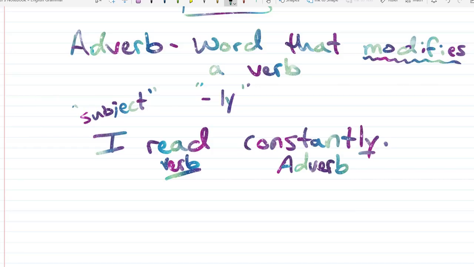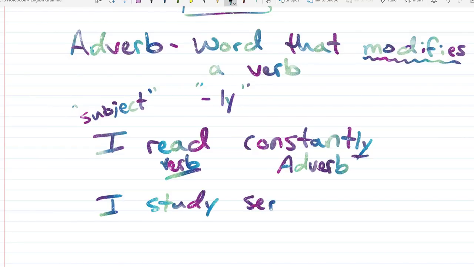A lot of times in English, in popular use now, and constantly is a bad example, but we'll actually get rid of this ly, right? So if you said something like, I study serious, right?